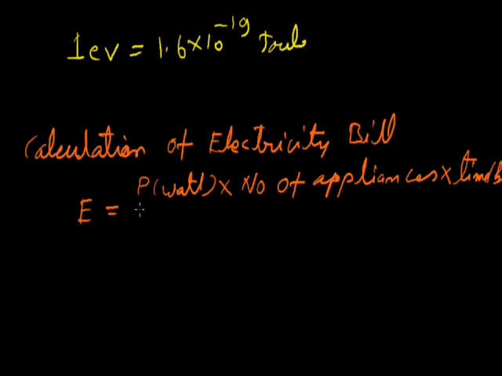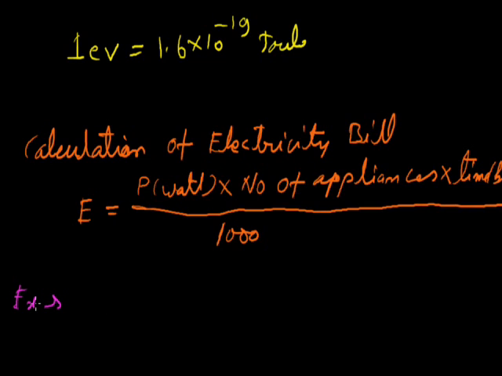Suppose in our house 4 tube lights are running for 4 hours. We calculate for 1 tube light and then multiply by 4. So we get the power and electric energy consumed for domestic purposes.